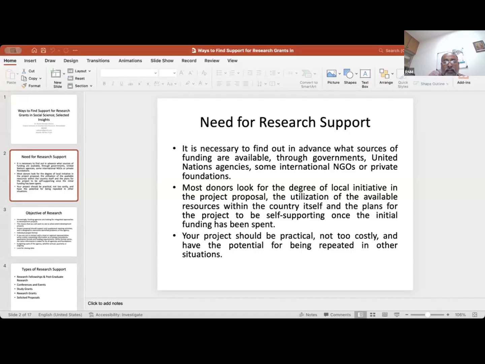So that is the takeaway. Please note down, research study and research proposal are two different things, and their purpose is very different, their objectives are very different, and maybe the stakeholders will be very different.